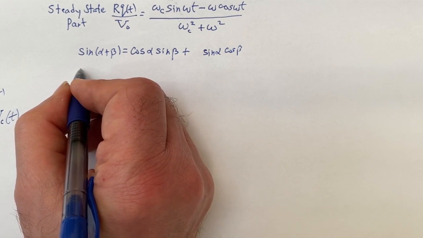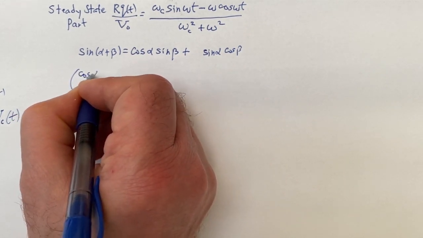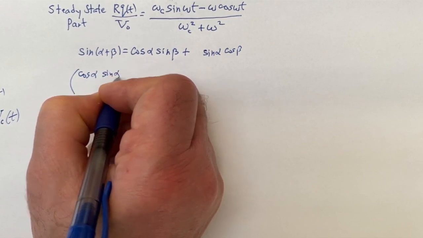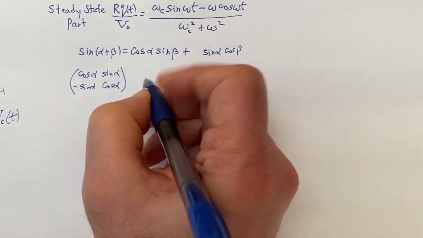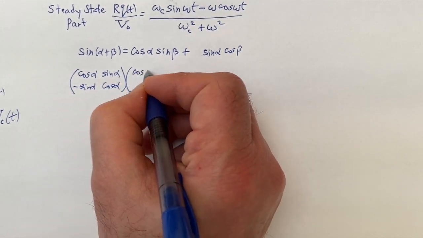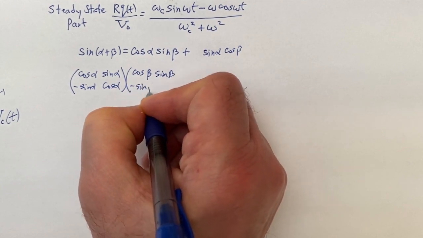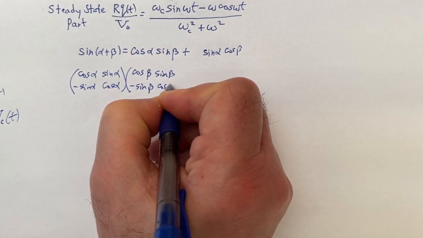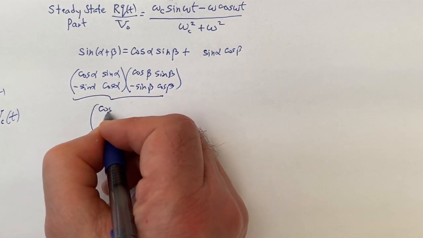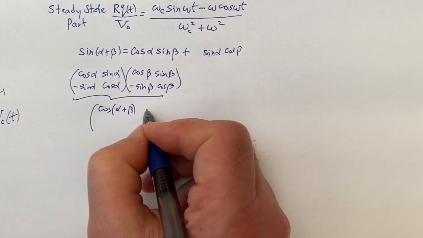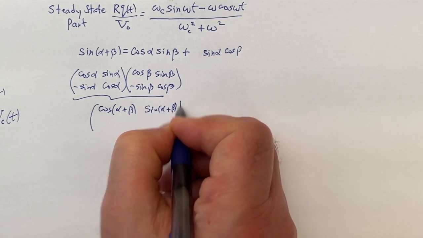Now remember, way back in an earlier course we said we could derive these things by the rotation matrix. If we have cosine alpha, sine alpha, we're doing a rotation, and if we did two rotations with two different angles, with beta, then this would be the equivalent of doing a cosine of alpha plus beta and a sine of alpha plus beta here.